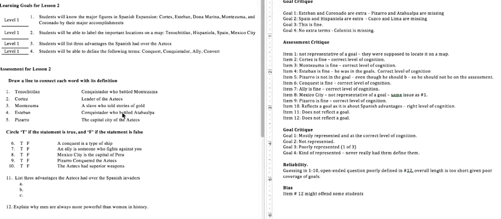So anytime we see a significant guessing factor, like in matching or like in true and false, we say that's a potential reliability issue. Anytime there are poor directions or really open-ended questions, like number 12, we say that that is an inter-rater reliability issue, because if the directions for an essay prompt are not that clear, the students probably don't know how in-depth I want them to go, how many facts they need to report, whether it needs to be an essay format, or if it can just be bullet pointed.